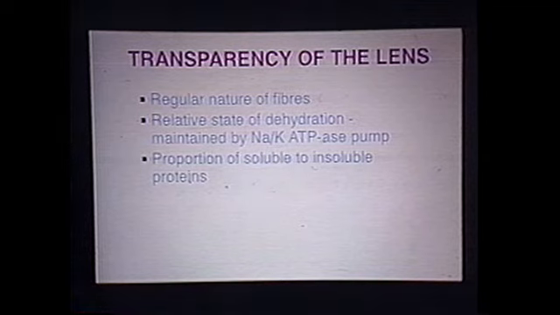Any interference with this pump or any leakage of water into the lens will result in opacification. The third point is that the proportion of soluble to insoluble crystallines, the crystalline proteins of the lens, is important with respect to the maintenance of transparency, and a change in this proportion may, and often does, result in a cataract.